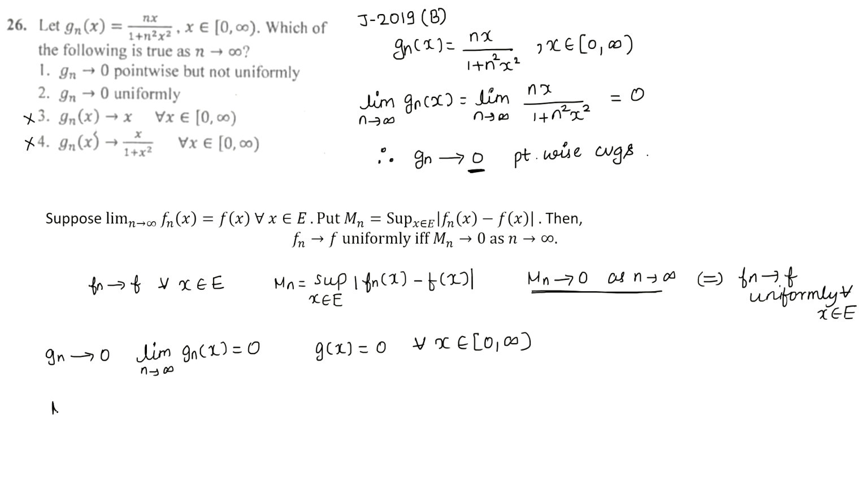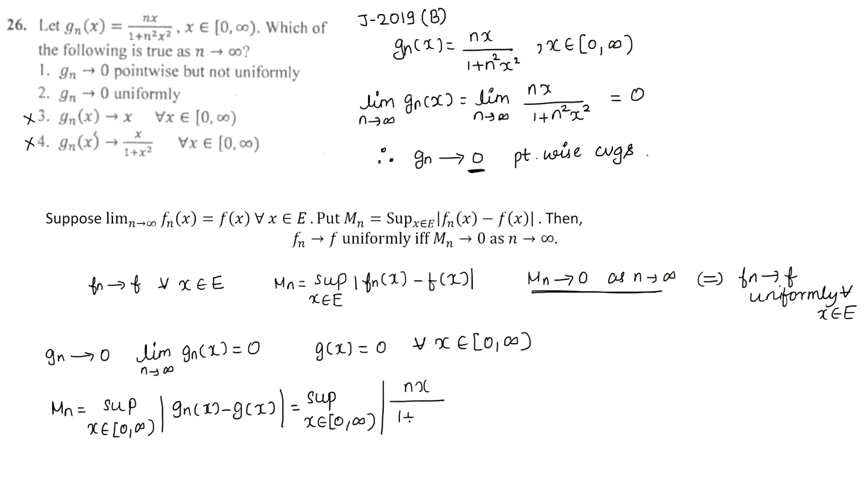So we can put Mn is equal to supremum over x belongs to closed interval 0 to open infinity of mod Gn of x minus g of x, and this is equal to supremum over x belongs to closed interval 0 to open infinity of mod nx by 1 plus n square x square minus 0. Then the theorem says that Mn tends to 0 as n tends to infinity if and only if Gn converges to 0 uniformly.